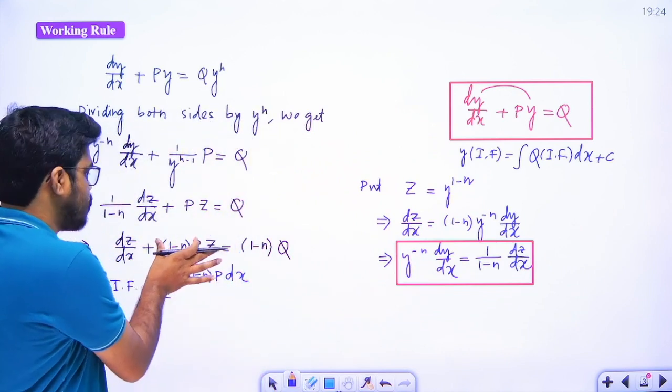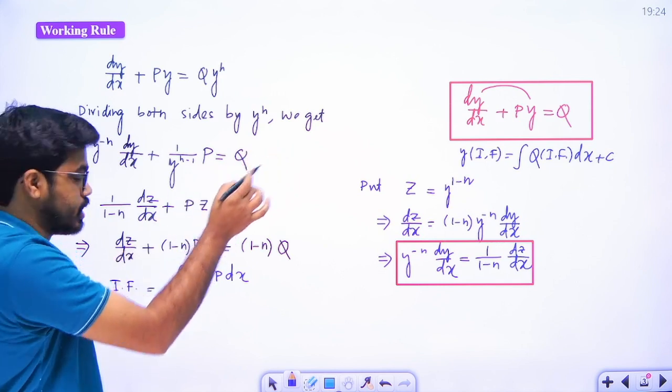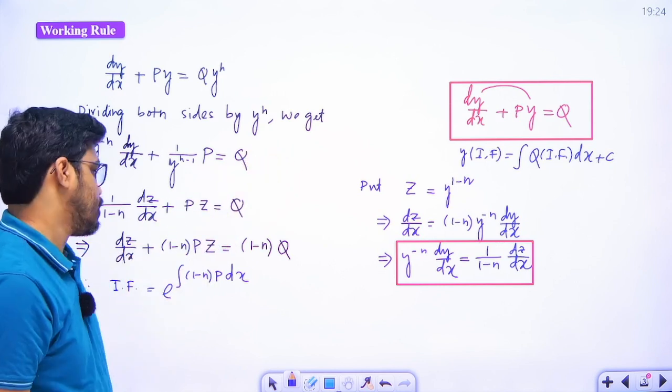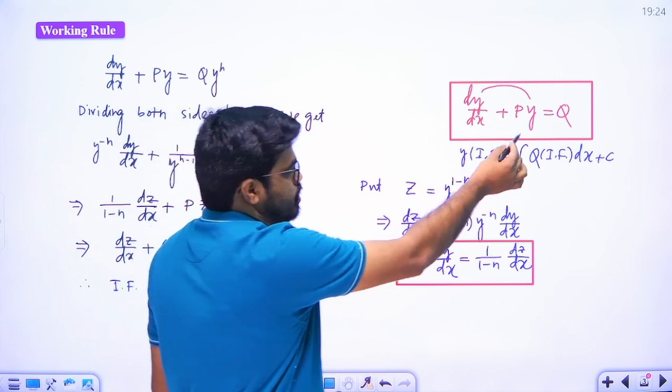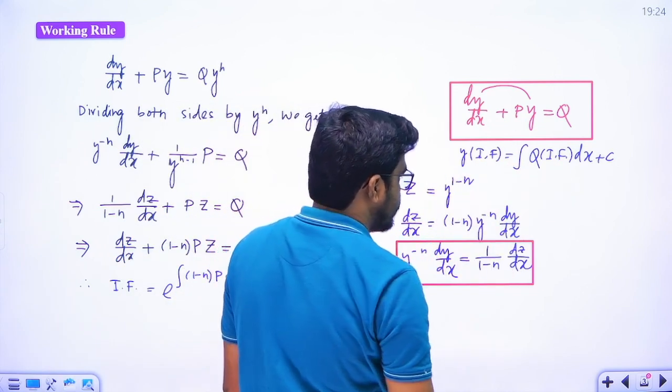So what is the solution of this linear equation? That is z. Look, here there is z, there is no y. So z into integrating factor is equal to integration of q, where q means the right hand side, into integrating factor dx plus c.